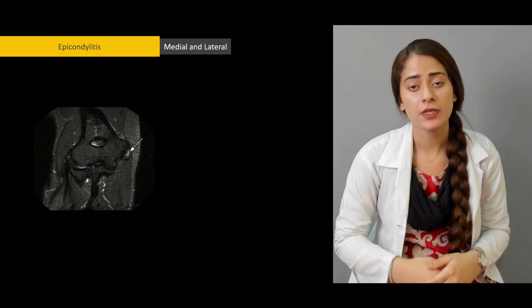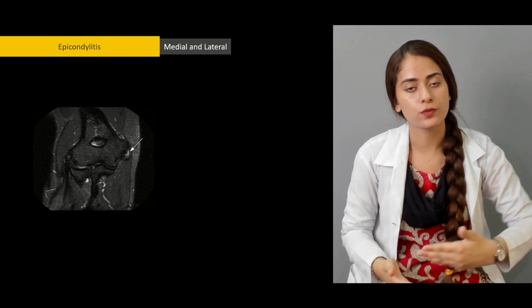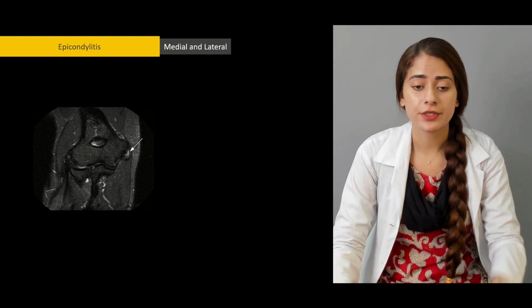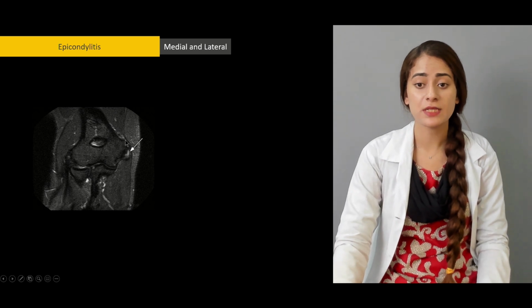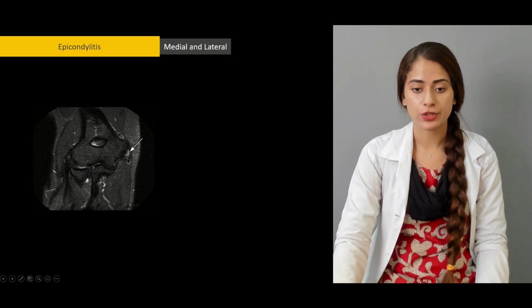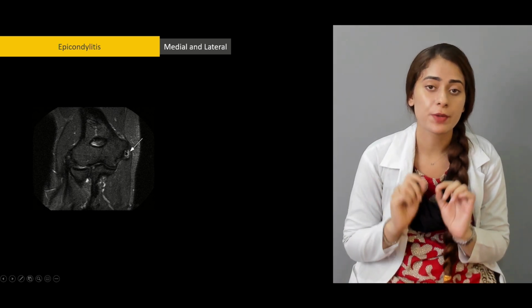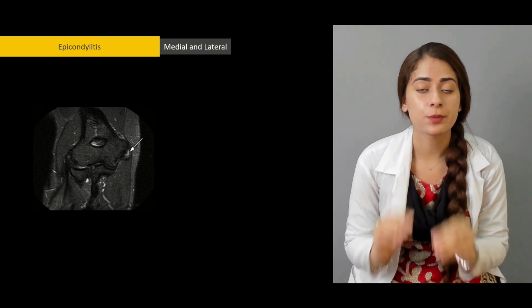Coronal is the frontal view. The axial view is a cross-sectional view, and the frontal view is also called a coronal view. So this is a coronal STIR MRI. This is the medial epicondyle here, and this is the attachment site. So remember, on the medial aspect, all of the flexor muscles will attach.